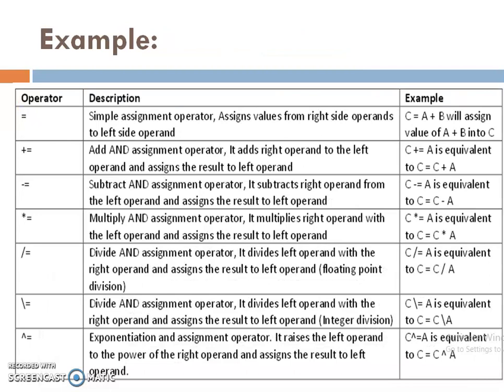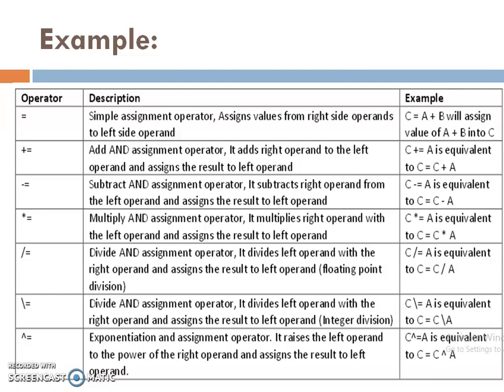Now the example of assignment operators: we take two variables A and B, then using the simple assignment operator, C = A + B, it gives the result and stores the addition of the two variables in the C variable.